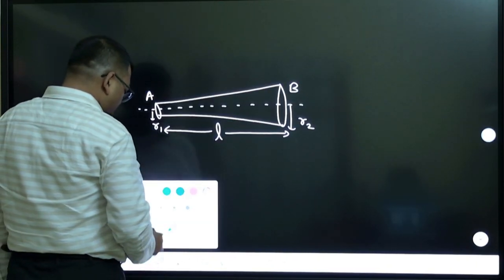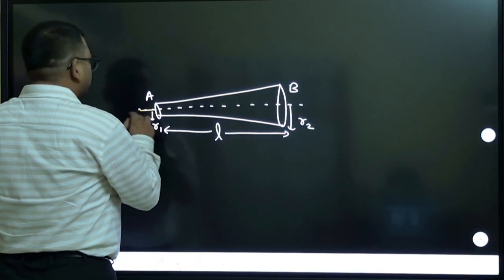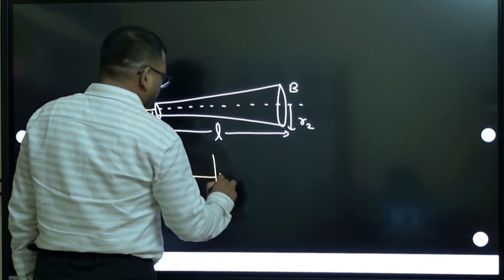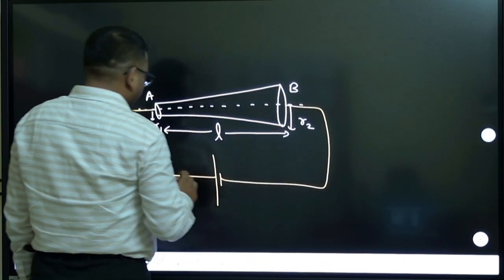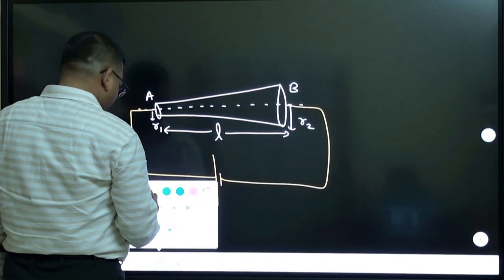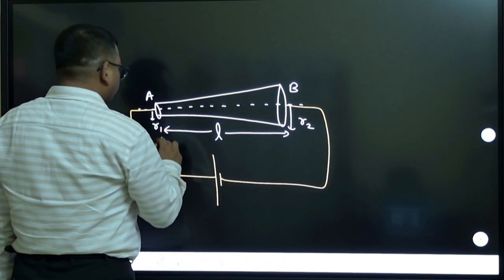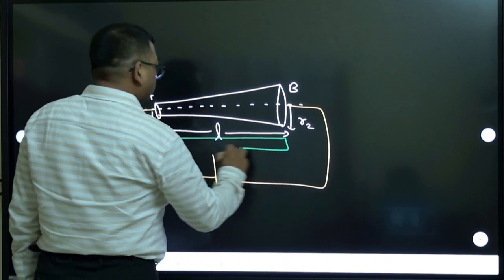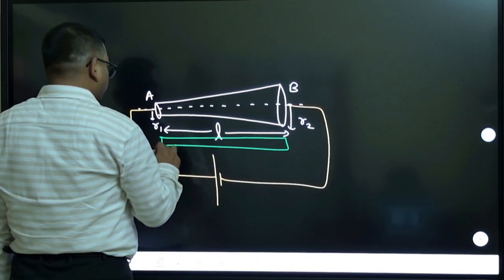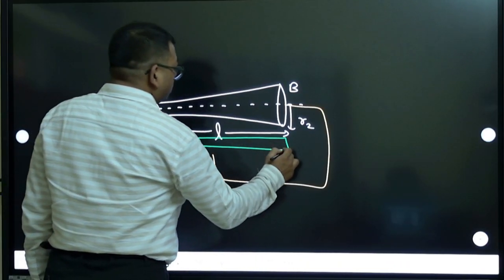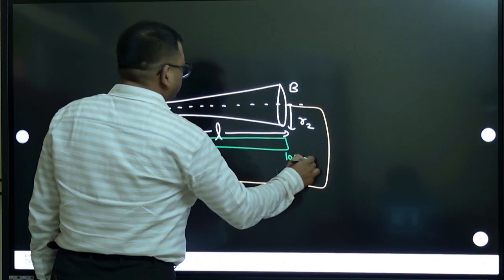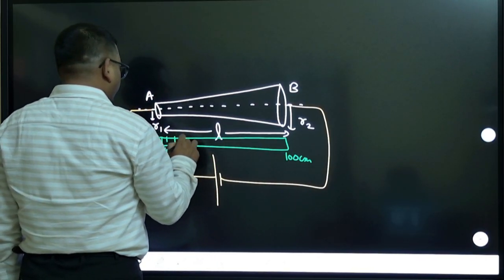Again, you do the same thing. You are going to connect it with a battery, and here there will be a scale. Some scale you will be keeping here, from 0 centimeter to 100 centimeter, so there will be markings on this.